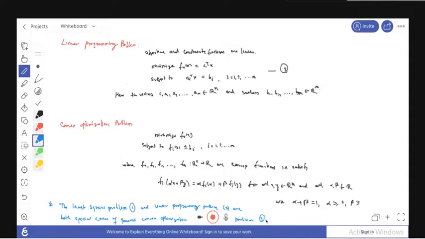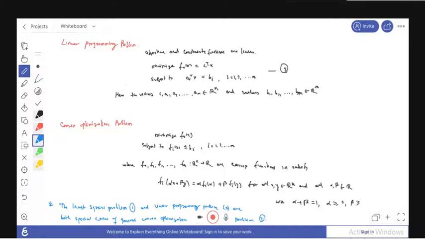So this is a general optimization problem, and with this method you can solve your linear programming problem as well as your least square problem.